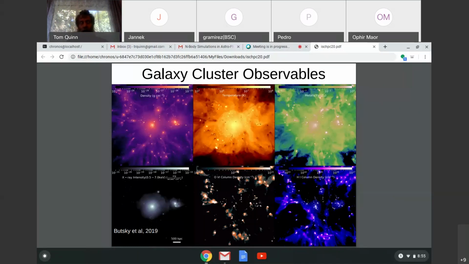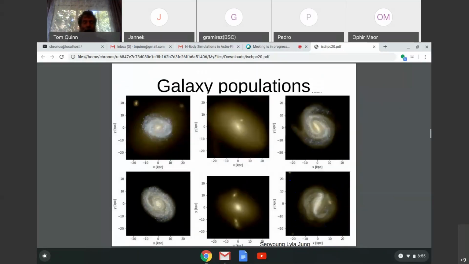We're trying to produce these observables to explain the structure that we see in galaxy clusters. Trying to understand why some galaxies are spiral with lots of young stars, while other galaxies are these elliptical shapes with not so many young stars and quite old. And the age of the stars changes the color of the galaxy.